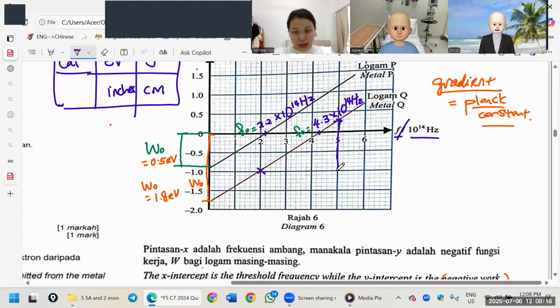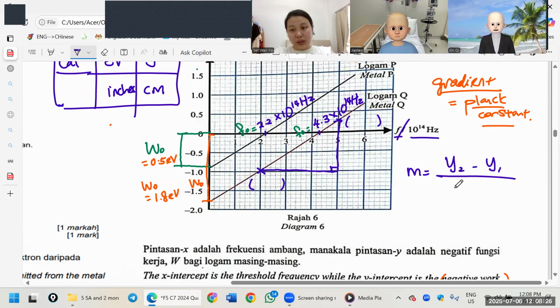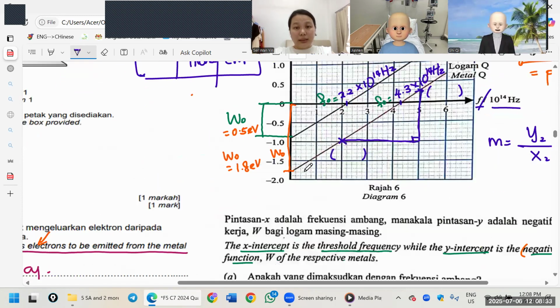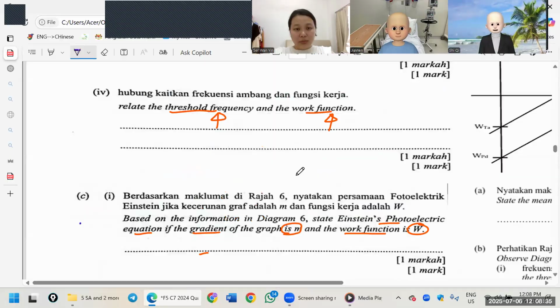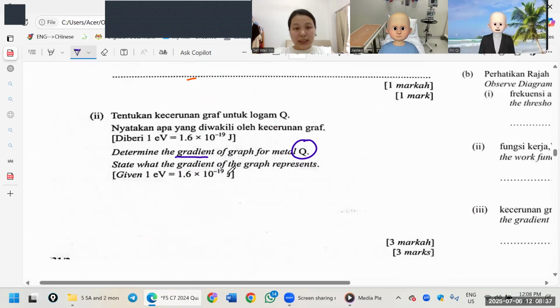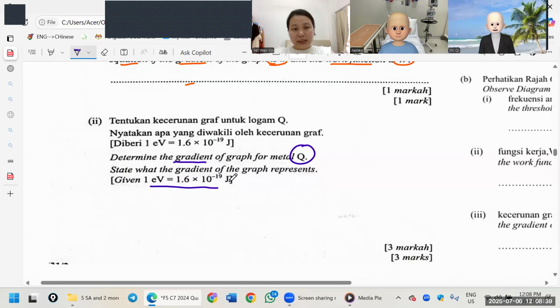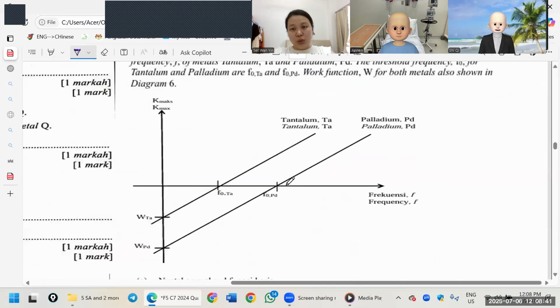Please draw a gradient. Then you determine x1, y1, x2, y2. Gradient equals y2 minus y1 over x2 minus x1. And don't forget, they want it in joules.